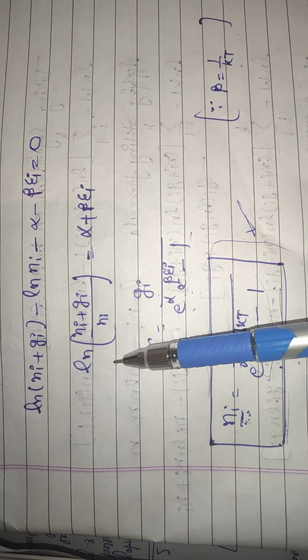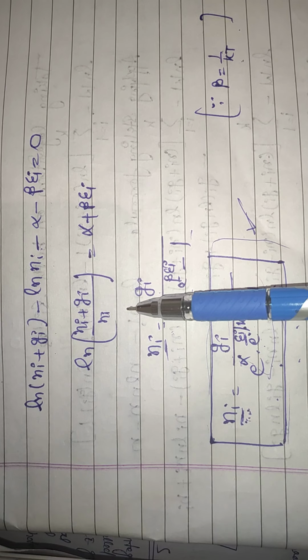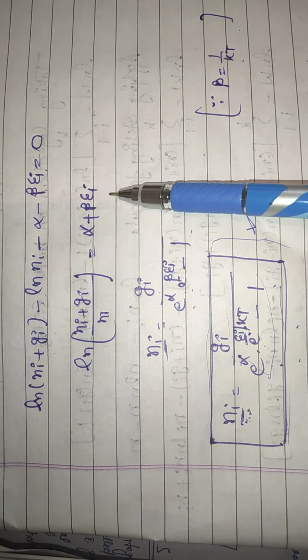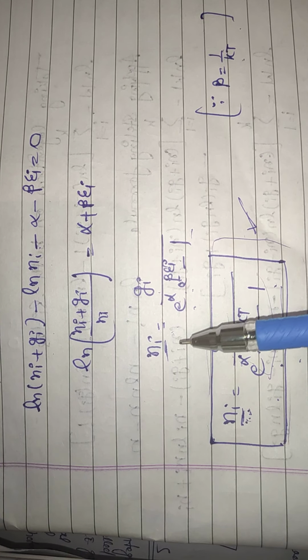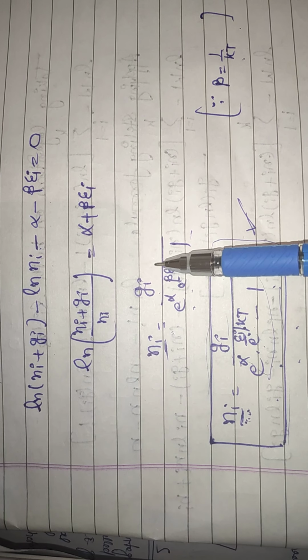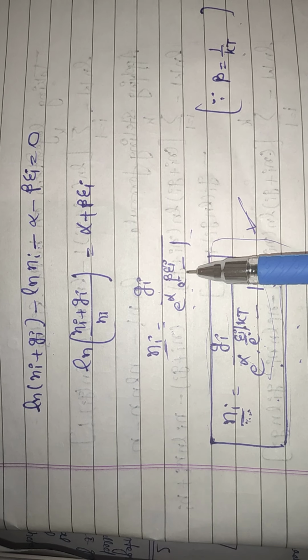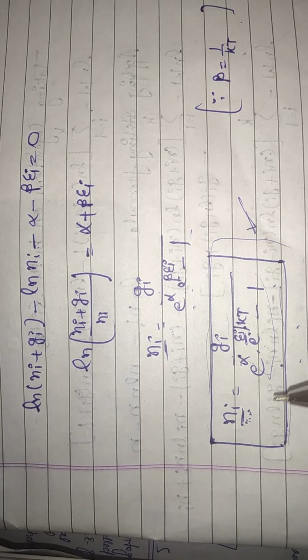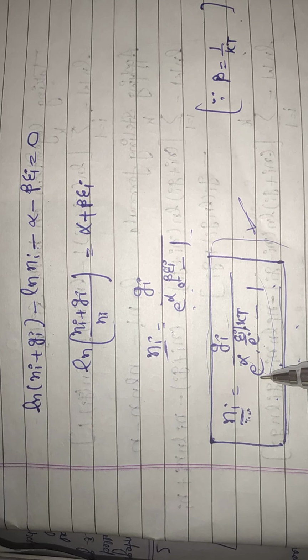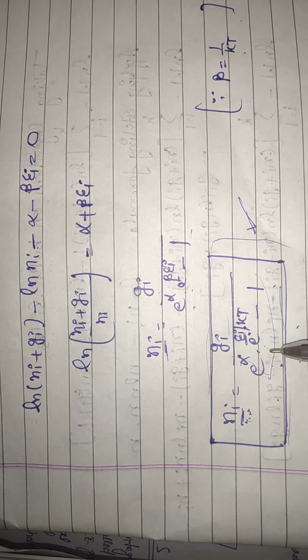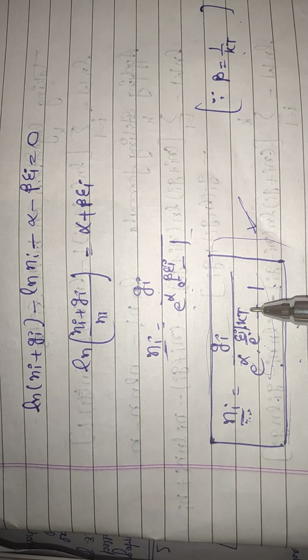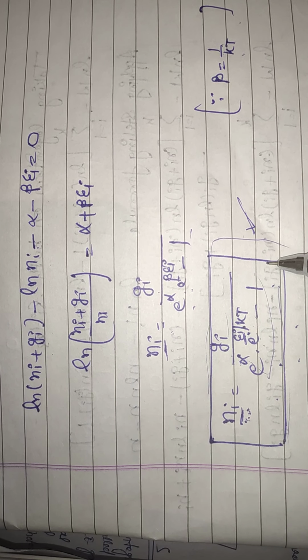we are left with logarithm of (ni plus gi) divided by ni is equal to alpha plus beta epsilon i. So on solving, ni is equal to gi divided by e raised to the power alpha into e raised to the power beta epsilon i minus 1. So ni is equal to gi divided by e raised to the power alpha into e raised to the power epsilon i by kT minus 1. Why?